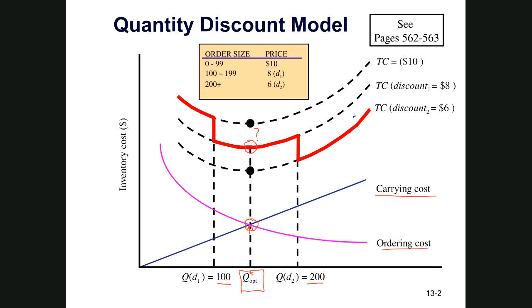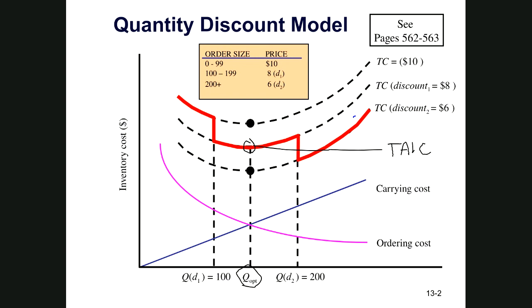And so what we need to do at that point is determine the total annual inventory cost for this optimal order quantity.